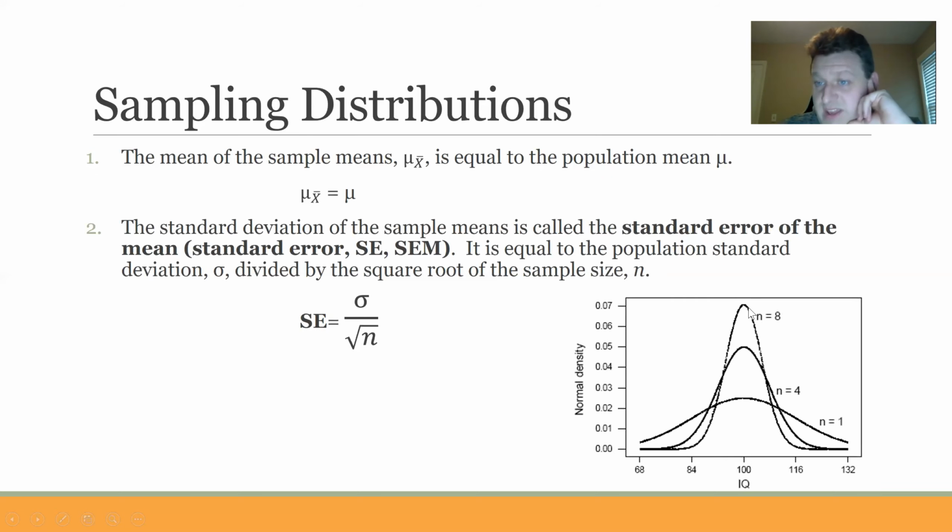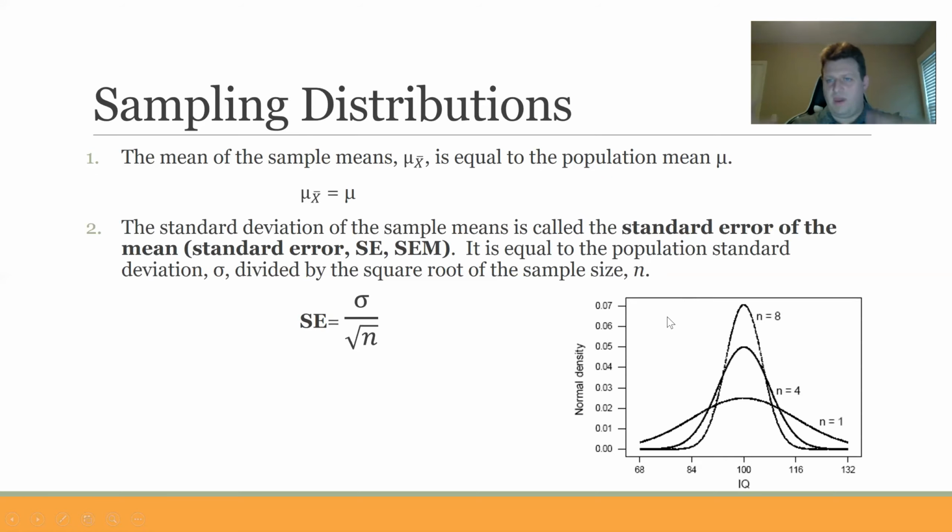The data is the same. The natural variation is the same. The only thing that differs is the number of people that we sampled. Notice that the variability is going down as n is increasing. N equals 1, we've got a lot of variability. N equals 4, we have less variability. N equals 8, we have even less variability.